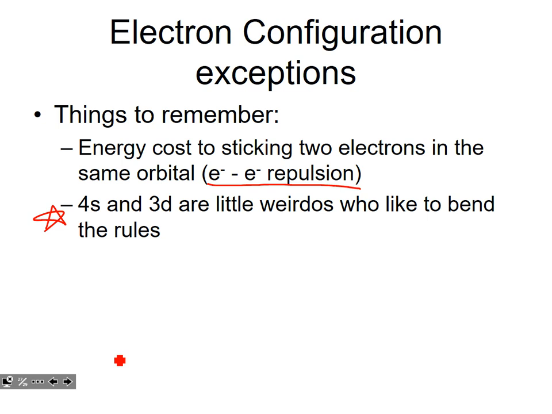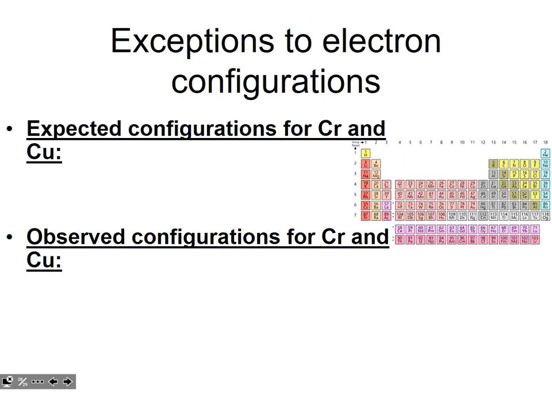The exceptions to the electron configurations are going to be seen with elements that are in period 4 in the transition metals. So, expected configurations for chromium and copper.